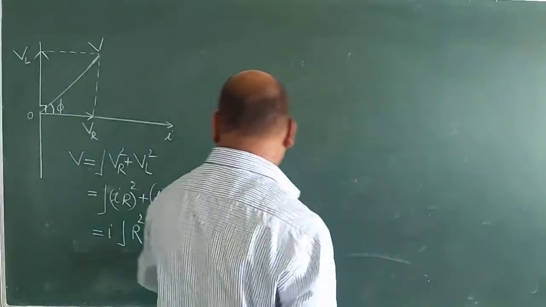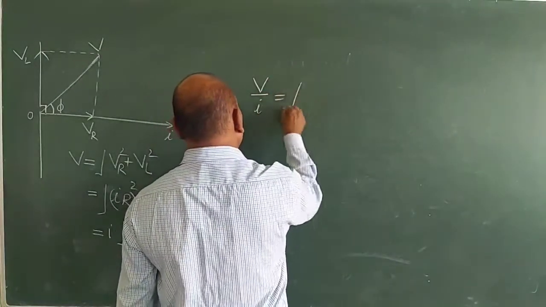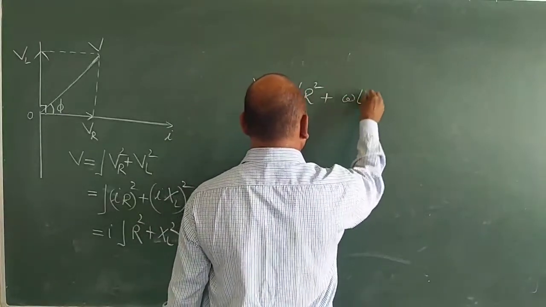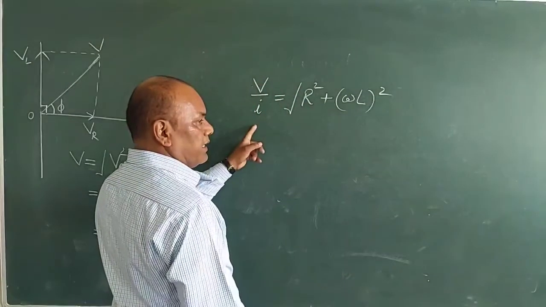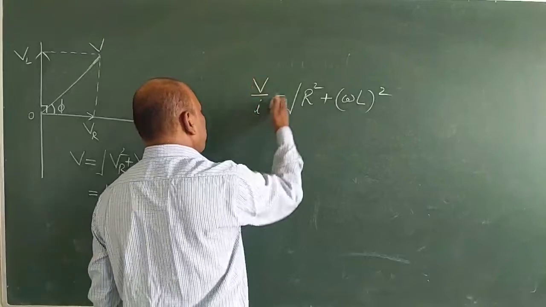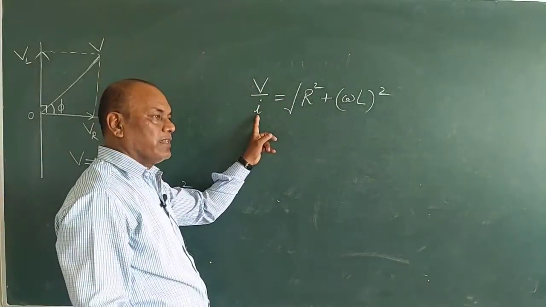So from here, V by I is equal to under root R square plus XL, which is written as omega L, whole square. This V upon I is the resultant voltage, and this is the current flowing in the circuit.